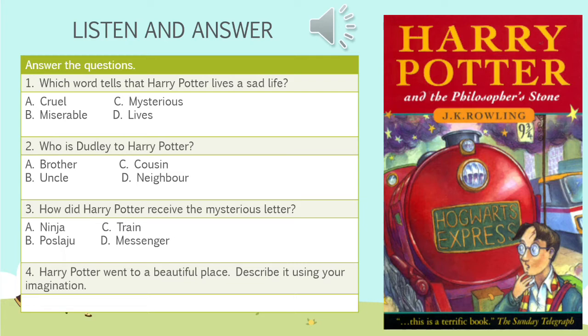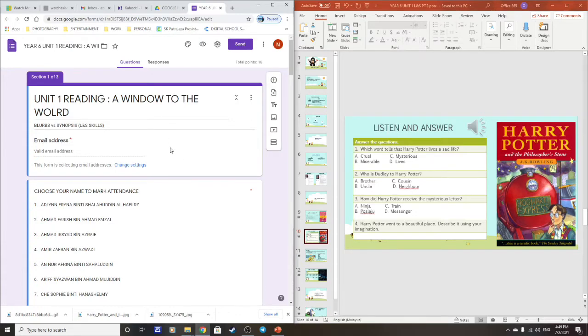Good. If you want to listen to the audio again, you can slide back and repeat the audio. Now, let's look at the Google form. Once you get to the link, first you need to fill in a valid email address. I have received a student who has written an invalid email address, so whenever I want to resubmit his mark, I cannot do so because the email address is invalid.